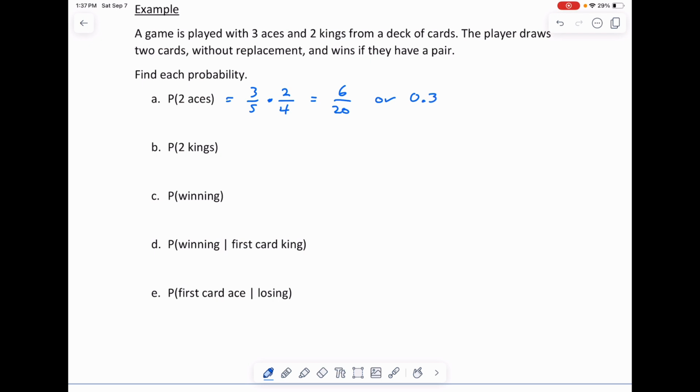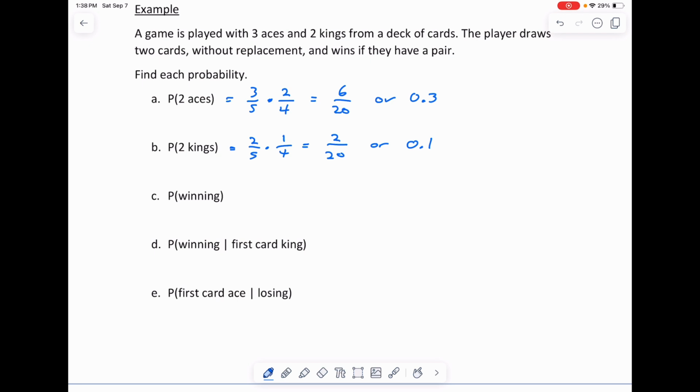Okay, 2 kings. If I have 2 kings, then again, the first draw, there's 2 possible outcomes out of the 5. Assuming that I've now drawn a king, there's 1 king remaining out of 4 cards. And so the probability is 2 out of 20, or 10%.